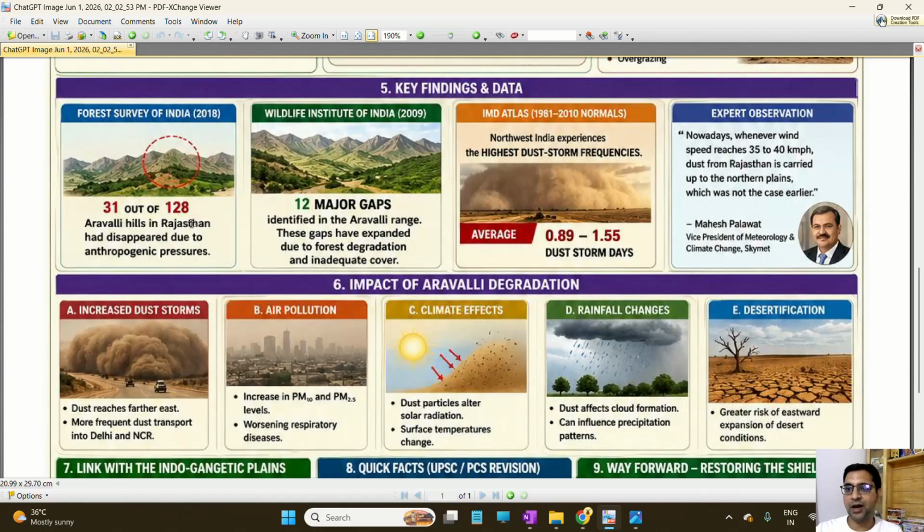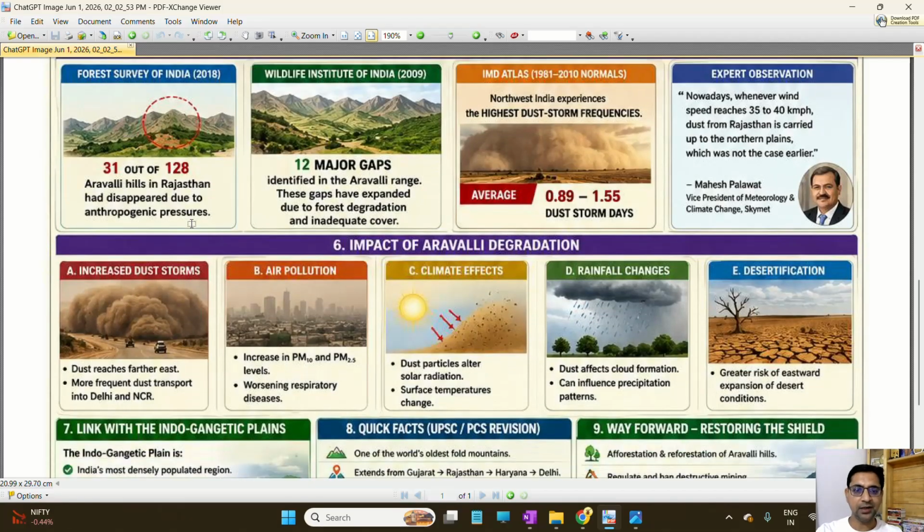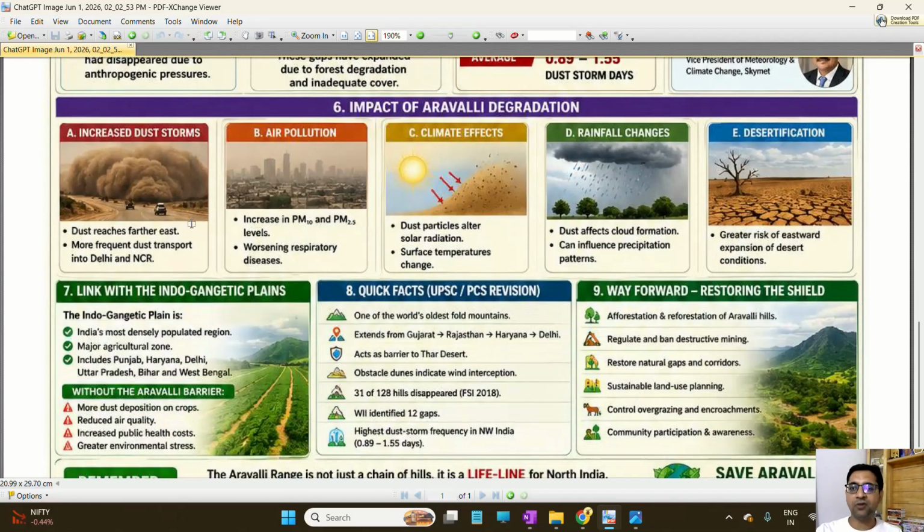Nowadays, whenever the wind speed reaches 35 to 40 km per hour, dust from Rajasthan is carried up to the northern plains, which was not the case earlier, because at that time the Aravalli Range was at a higher level. But because of anthropogenic reasons and the breaking of the mountains, even at a speed of 35 to 40 km per hour, the dust from Rajasthan can reach the northern plain.